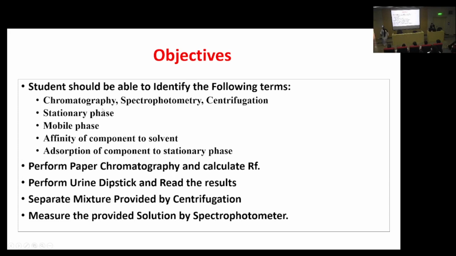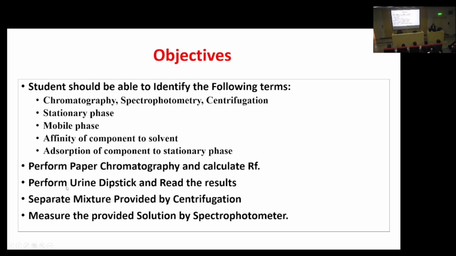I'm going to spend more time on chromatography, and in that you will learn these terms. You're also supposed to learn how to perform it, that's downstairs, and how to calculate something known as RF, or retardation factor.